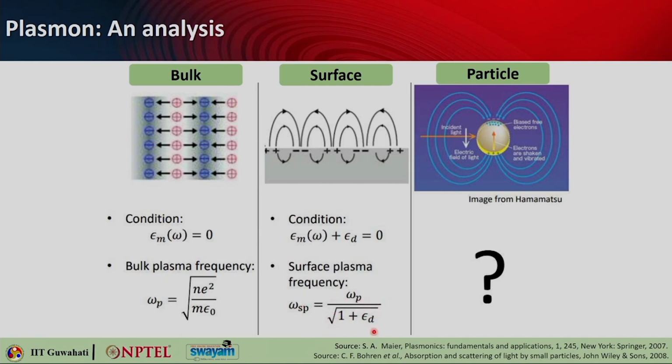So, you can reduce the frequency when you go to surface plasmon. Our aim here would be to find out what the resonance condition is for particle plasmon or localized surface plasmons, and then what the surface plasma frequency will be in this case.